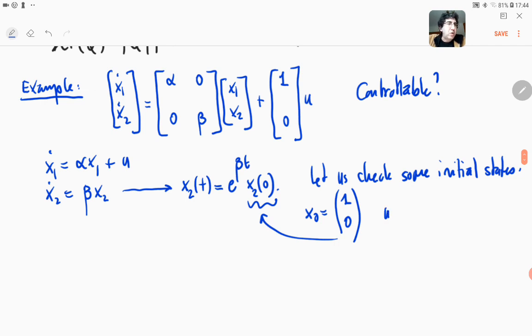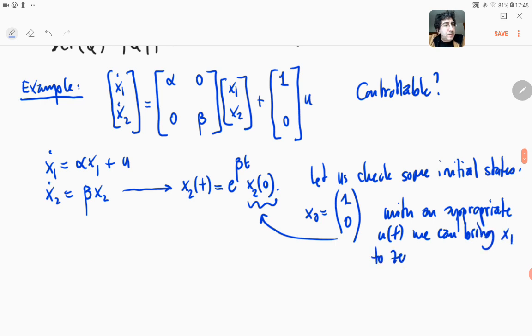Okay, so with an appropriate u of t, we can bring x1 to 0, and x2 already stays at 0.